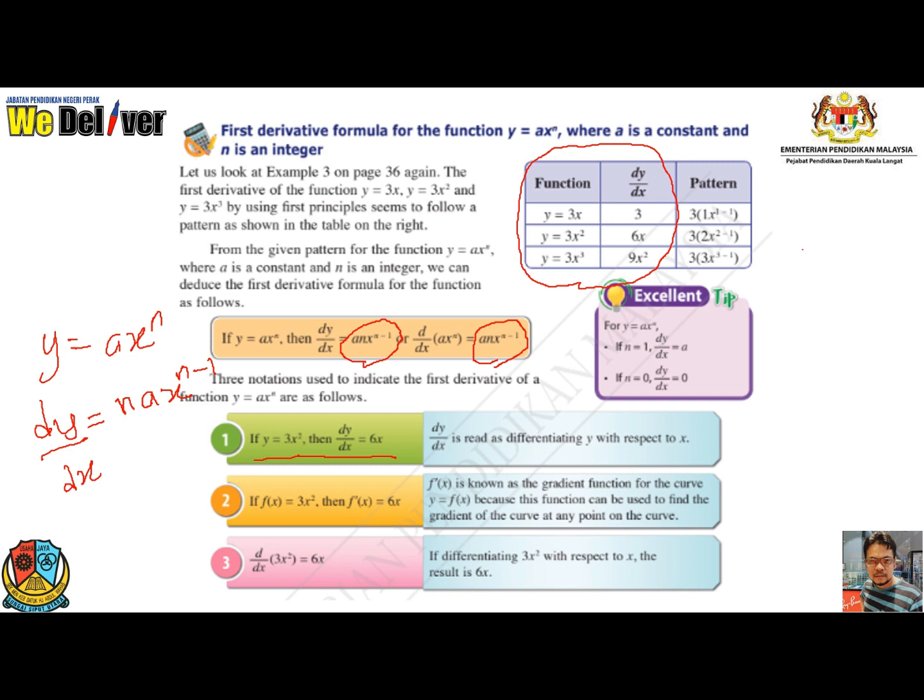In this case, f'(x) is known as the gradient function for the curve y equals f(x), because this function can be used to find the gradient of the curve at any point on the curve. And the third notation, d/dx of (3x squared) equals 6x. That is, differentiating 3x squared with respect to x, the result is 6x.